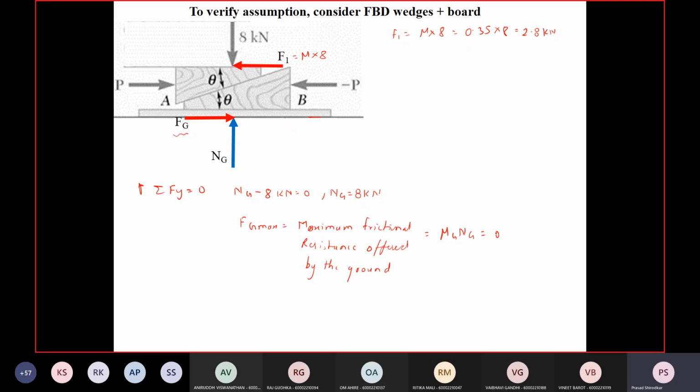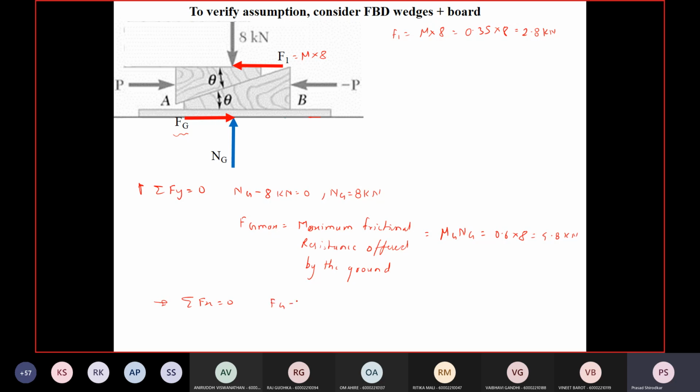Alright, so that is equal to 0.6 into 8, so that is equal to 4.8 kilonewtons. So that is the maximum frictional resistance. Okay. Now find out the frictional resistance, frictional force which is generated, that is Fg. So to find Fg, just do summation Fx is equal to 0, right hand side positive.